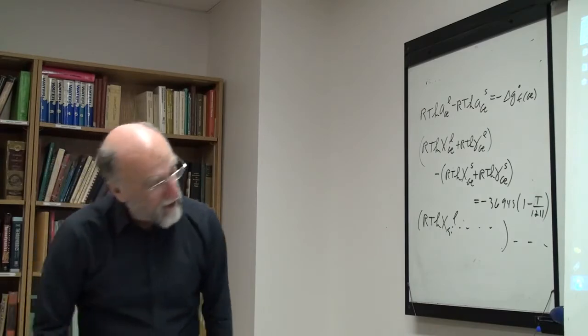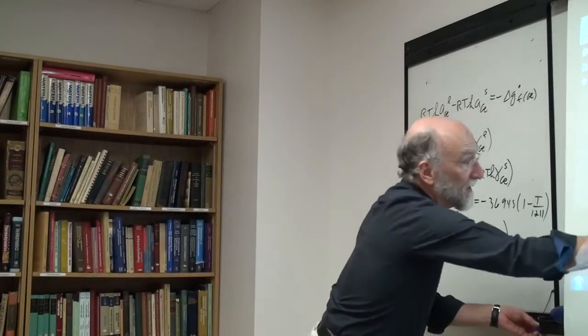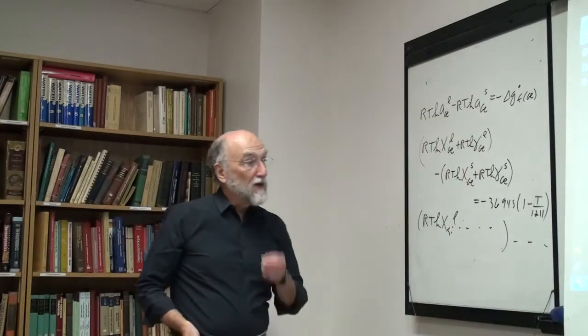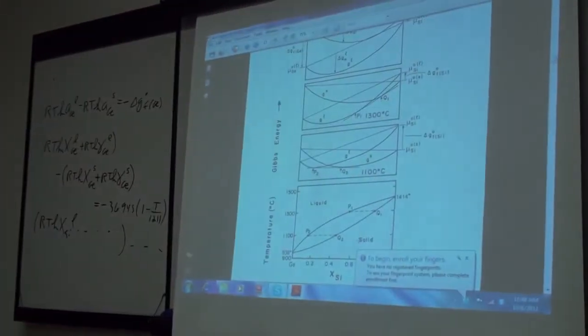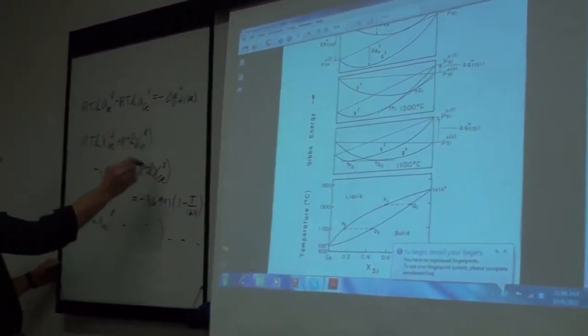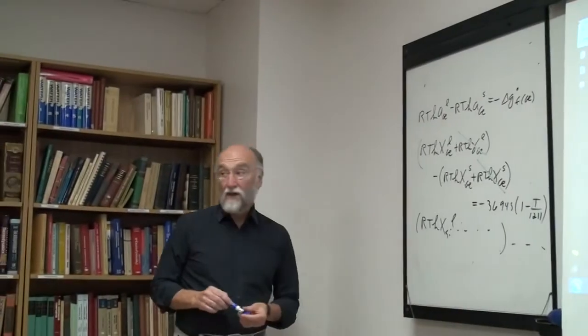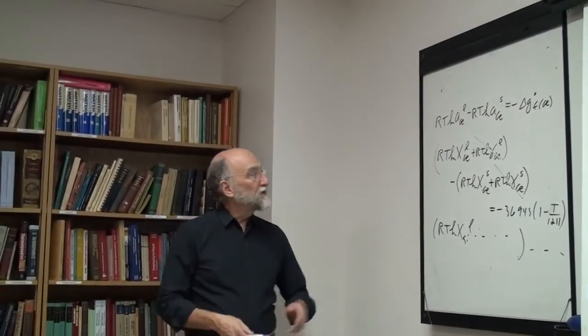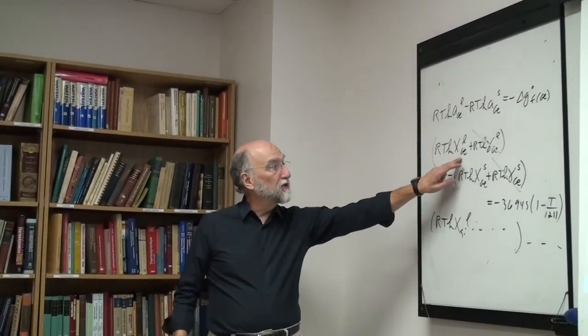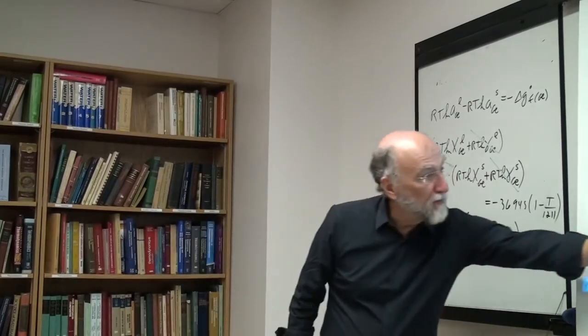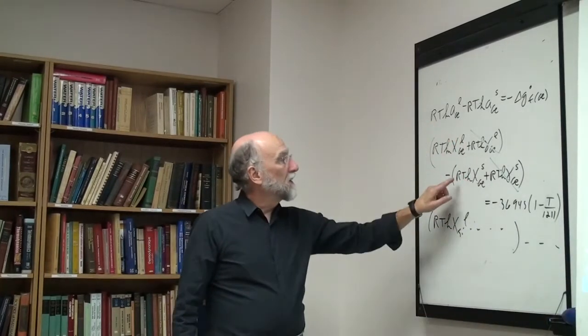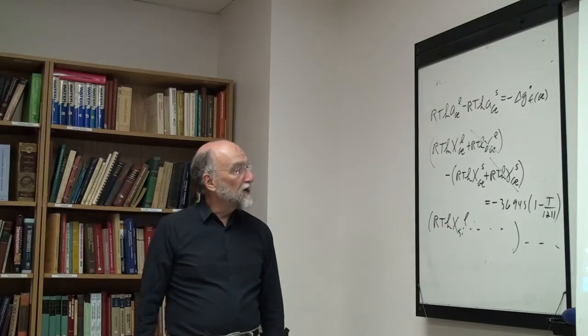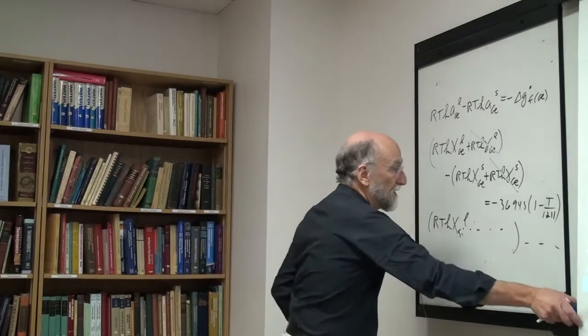Let's make the assumption that I'm trying to calculate at 1100 degrees, assuming ideal solutions. If I assume ideal solutions, I can remove the RT log gamma term. So now I have RT log mole fraction of germanium on the liquidus, minus RT log germanium on the solidus, equals this.